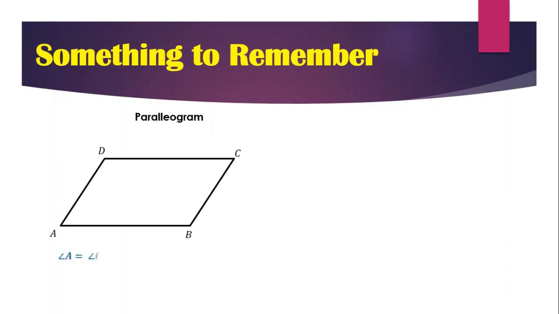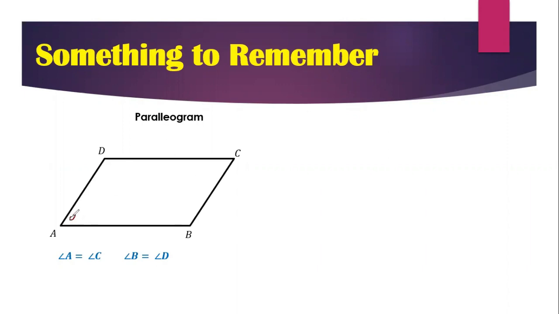The characteristic of the parallelogram: angle A equal to angle C, and angle B equal to angle D. So what does it mean? Angle A is here, like this.